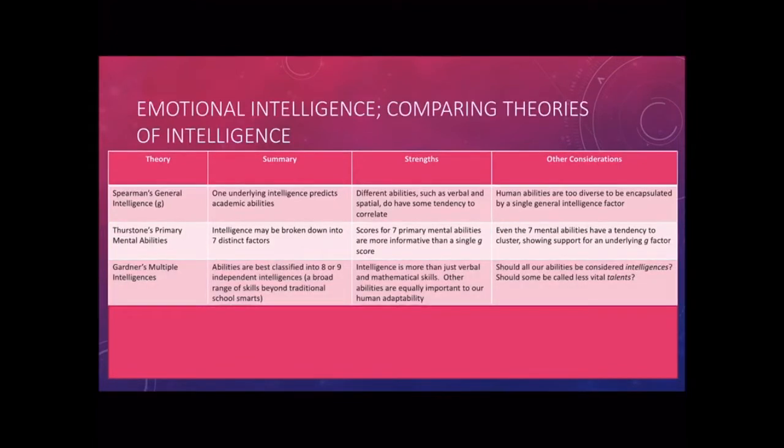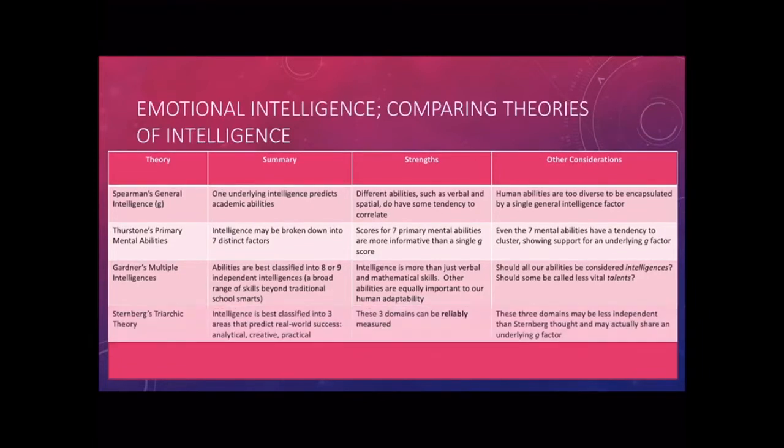Gardner says there are 8 or 9. Now, most frequently we use 8 when we're talking about Gardner. Gardner's much more popular and much more common to talk about than Thurstone, but just know that Thurstone is 7, Gardner is 8 different types of intelligence that they have cataloged. Triarchic theory, like I said, tri means 3, right?